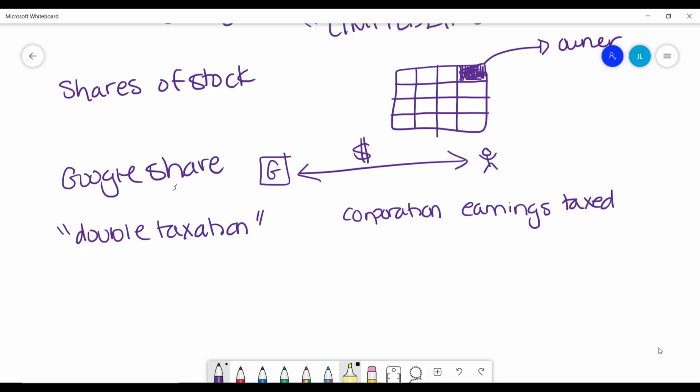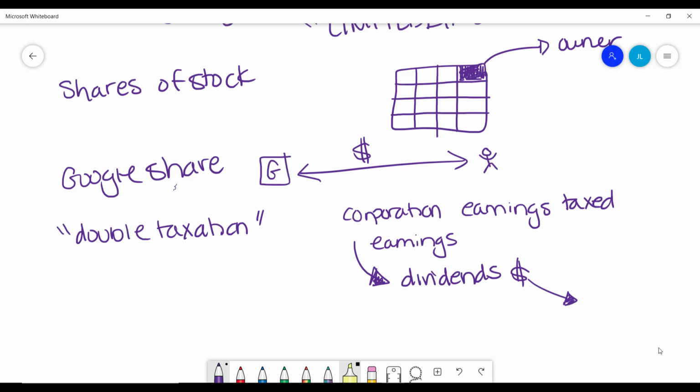But then, depending on the financial situation of the corporation, earnings are often paid out as dividends to the owners of that business, the shareholders. These dividends that shareholders receive count as income personally to them. And guess what?